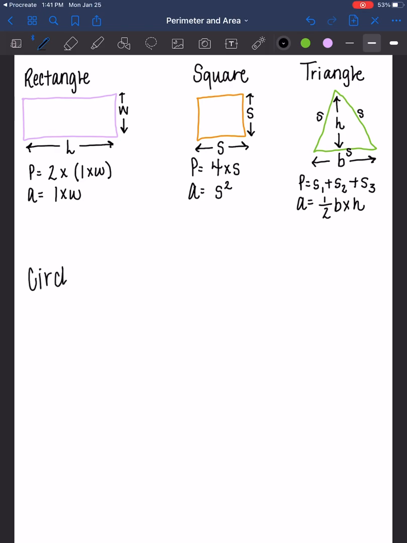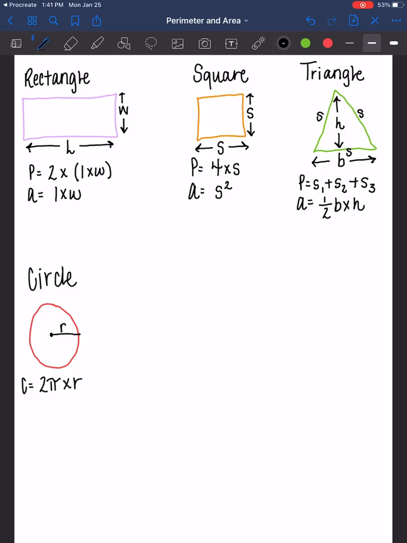Now let's move on to the circle. The circle is a little different. We focus on the radius, which reaches out to the middle of the circle, because the circle doesn't have sides, it's just round.